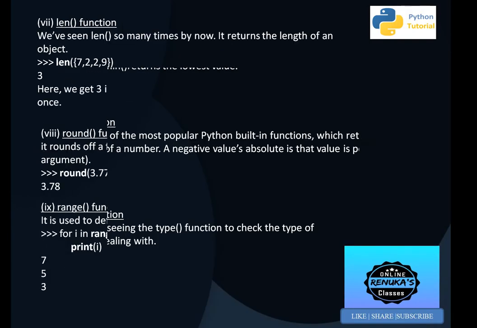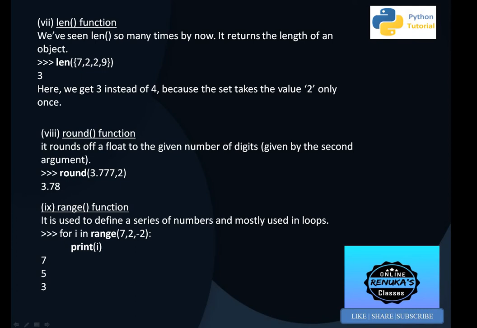Then comes the length function, which gives you the length of an object mentioned in the brackets. Here it is 7229, but it is returning 3. It has 4 elements, but it does not count the repeated elements, so it counts 2 as 1. So for 729, it returns 3.